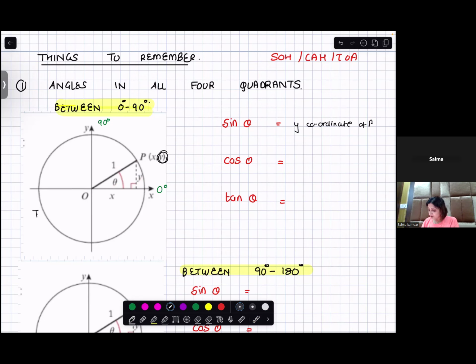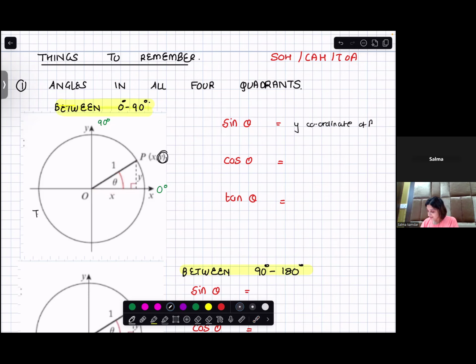If I talk about the cos theta, I hope you know the SOHCAHTOA. Sine is opposite upon hypotenuse, cos is adjacent upon hypotenuse and tan is opposite over the adjacent. So if I'm talking about my cos theta, it would be the adjacent, this x, over the hypotenuse 1.